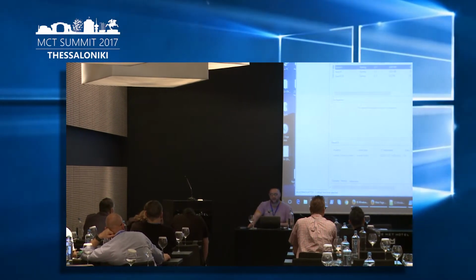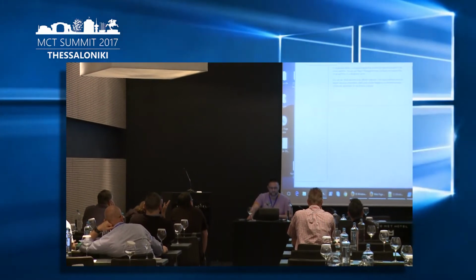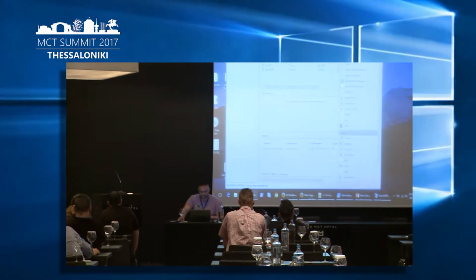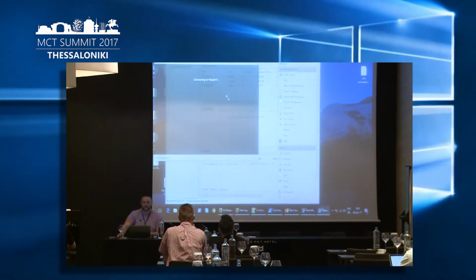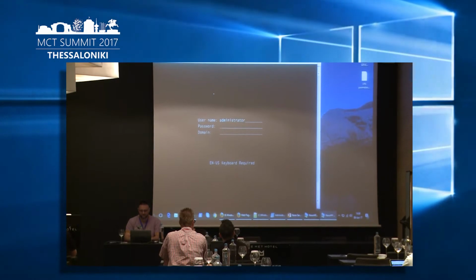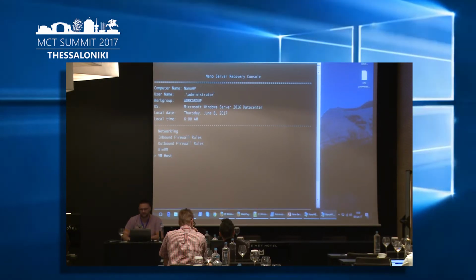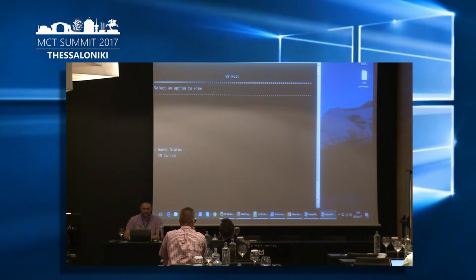I have installed on my laptop one Nano Server, which is a Hyper-V server. Just to show you through the console. We have one tab more, VM host, guest status, I don't have any installed virtual machine yet, and virtual switches.